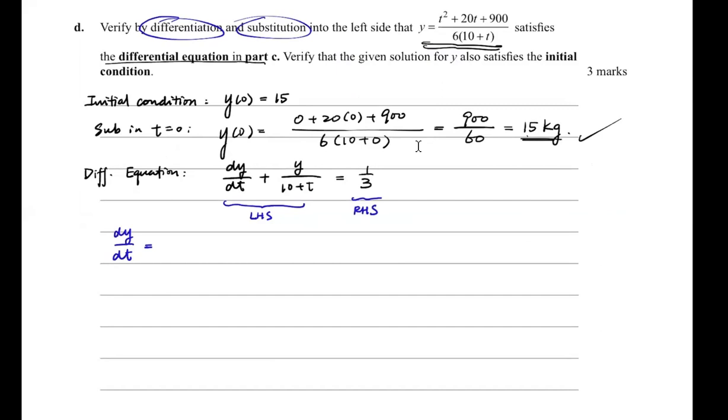Now, 1/6 minus 400 divided by 3(t plus 10) squared, okay?